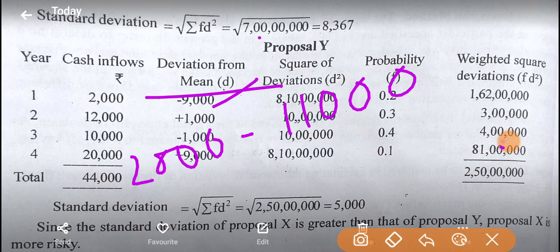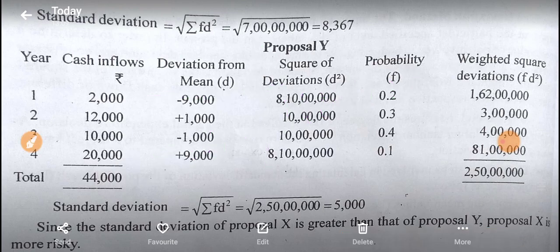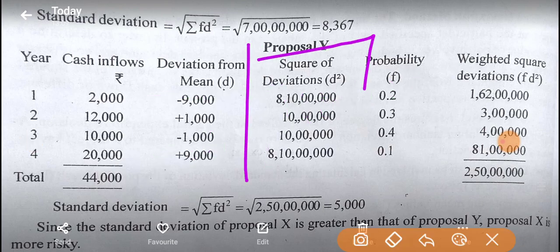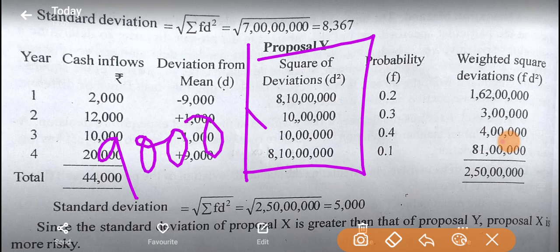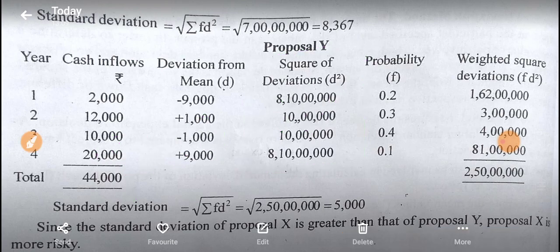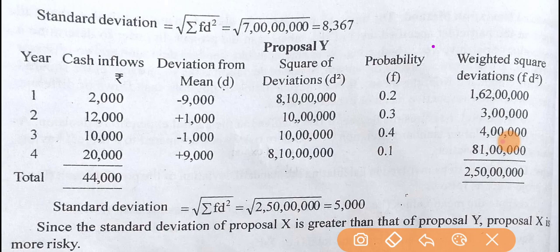After that, we find the square of all the deviations. For the square of deviation, we multiply 9,000 with 9,000, like that, 10,000 with 1,000, like that.